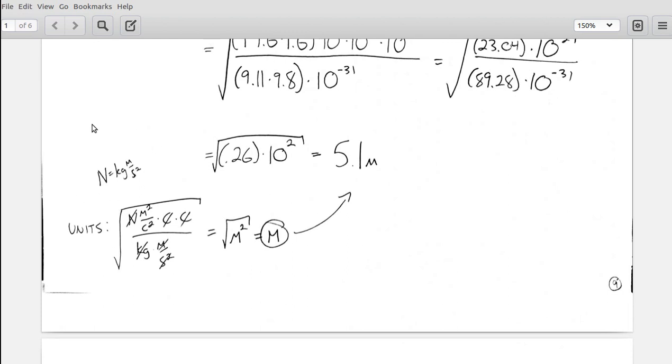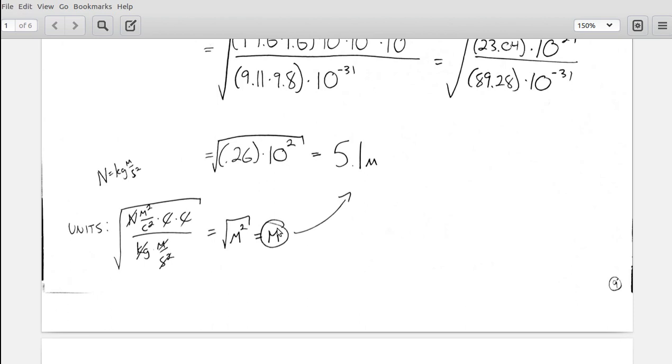So from 120, F net equals mass times acceleration, right? So a Newton is a kilogram meter per second squared. I've got a Newton in the numerator, and in my denominator I've got kilogram meters per second squared. These coulombs cancel out with this one, and I'm left with just meters squared under the radical.